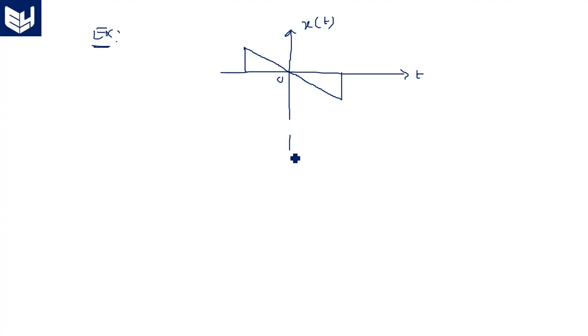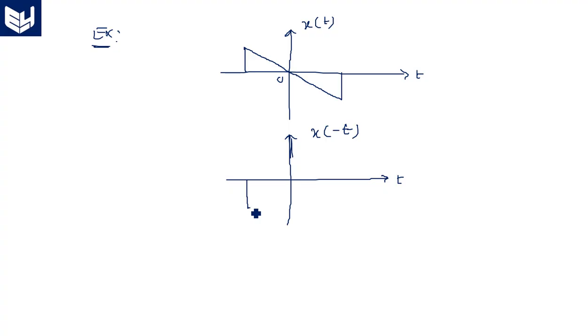Now first let us draw x of minus t. X of minus t means folding vertically, so this part appears here and this part appears on the right side.